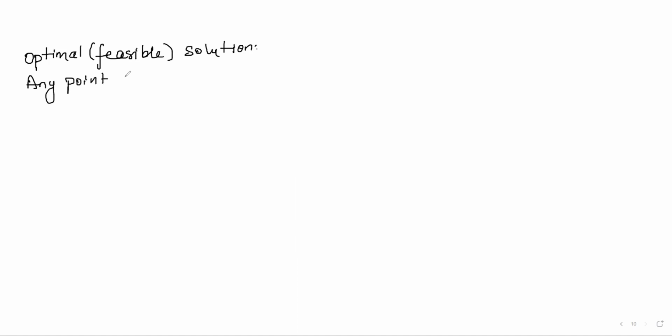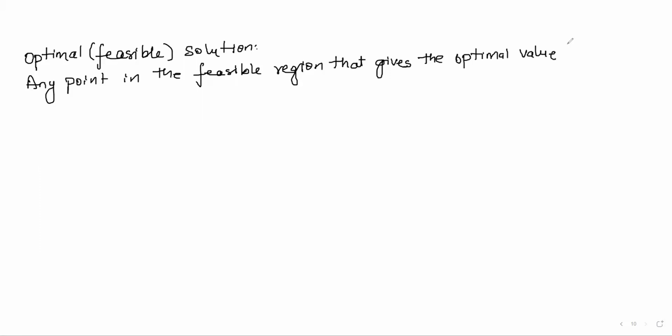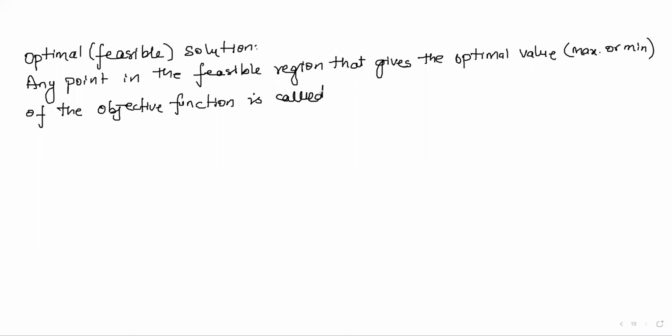Any point in the feasible region that gives the optimal value, that means maximum or minimum, of the objective function is called an optimal solution.